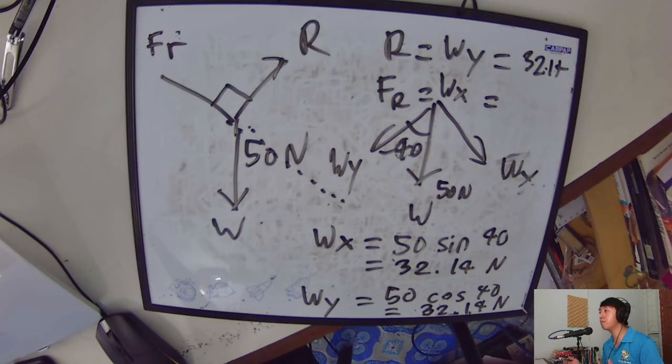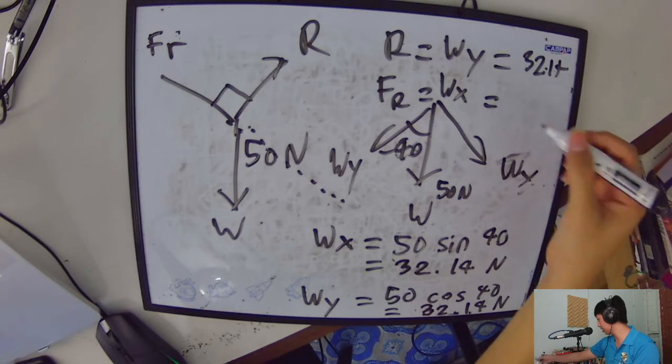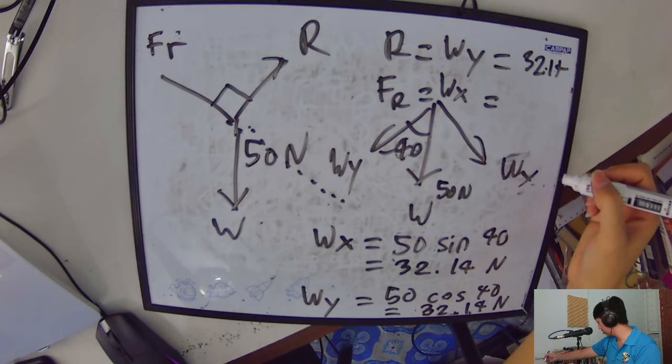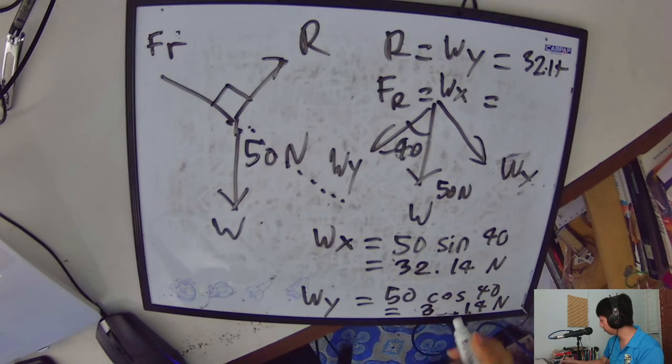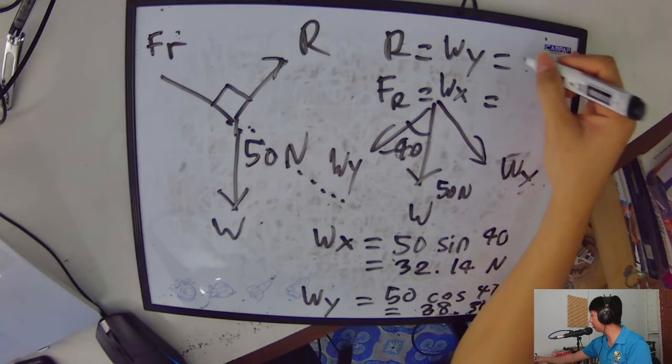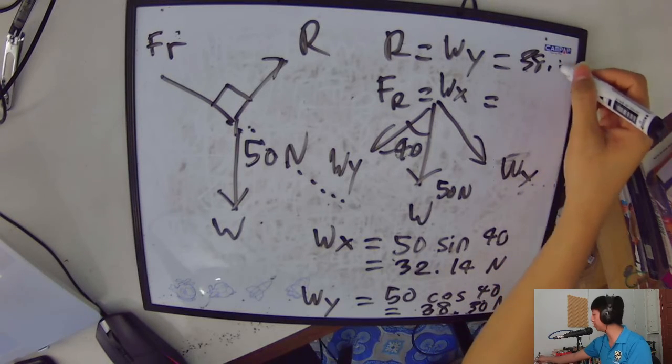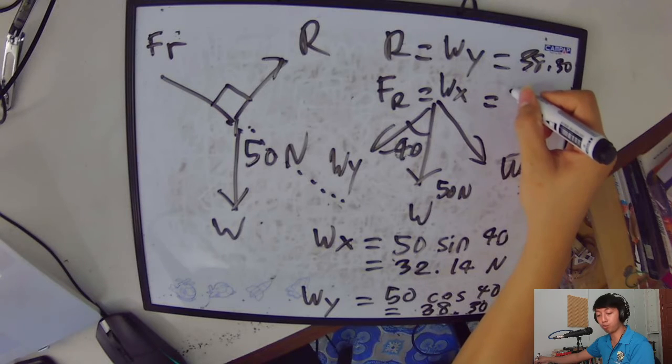How do we know they're equal? Remember, it's an equilibrium, meaning they have to be equal to each other to produce zero, equal but in opposite directions. Sorry, I wrote that wrong earlier.